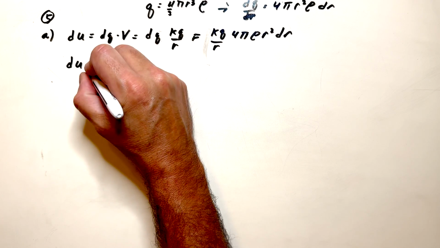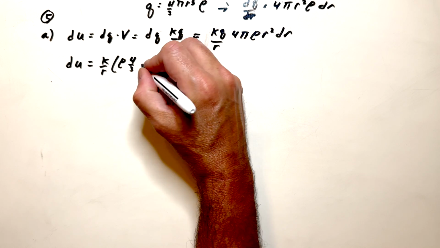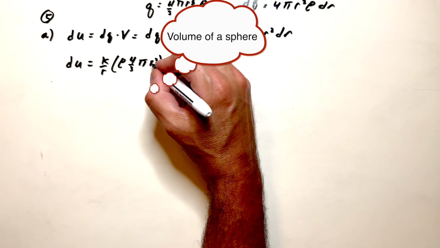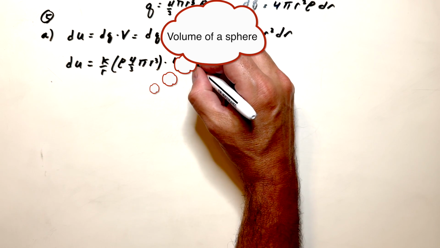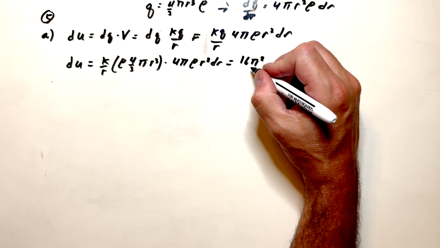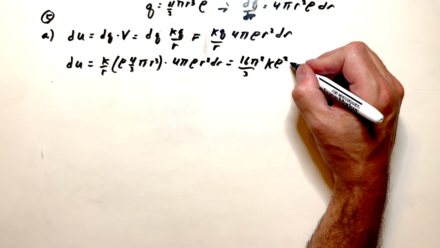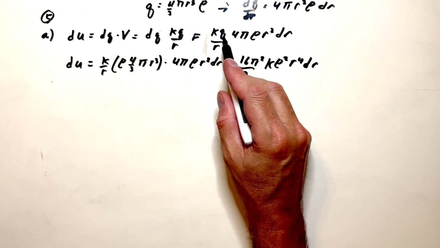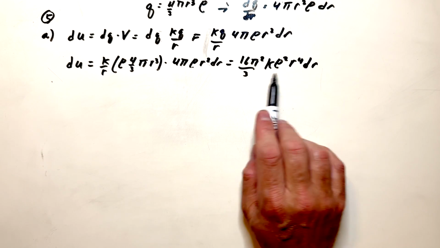So this implies that dU will be equal to k over r times rho times 4/3 pi r cubed, that's just the volume of a sphere, times the 4 pi rho r squared dr, which is going to equal 16 pi squared over 3 times k rho squared r to the 4th dr. I just replaced q with 4/3 pi r cubed times rho, and simplified as much as I could.